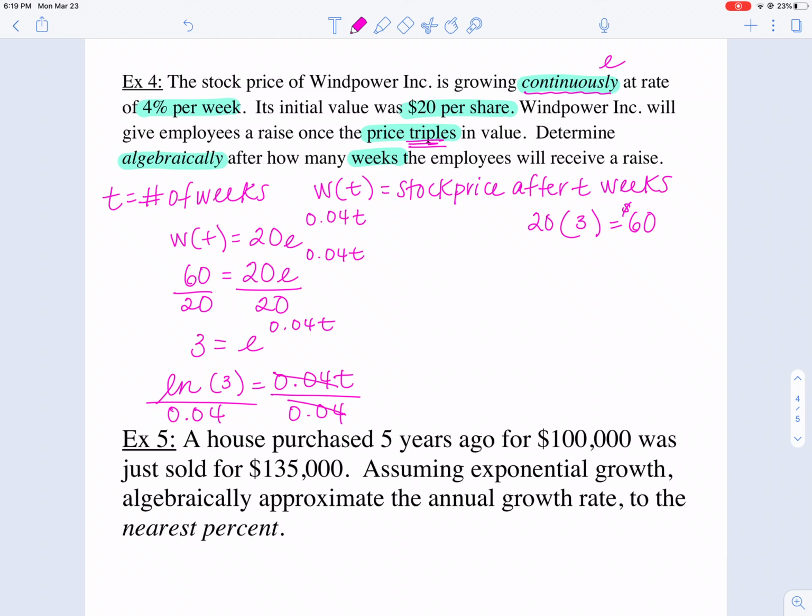Okay, go into that calculator, and you're going to get something like 27.465, something like that, is T. So after how many weeks, they say to the nearest week, determine algebraically after how many weeks, I would say 27 weeks.